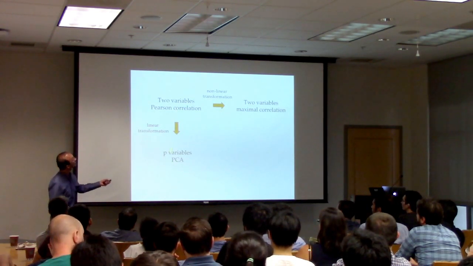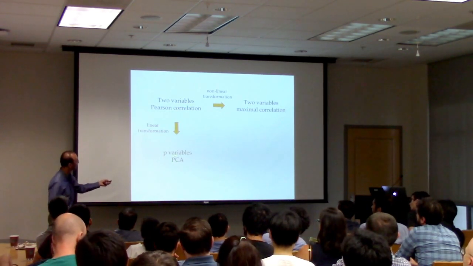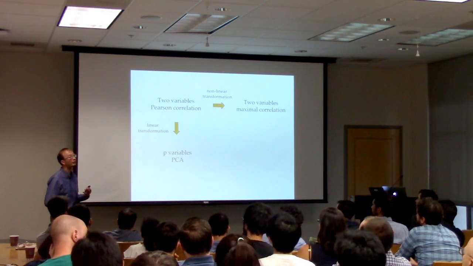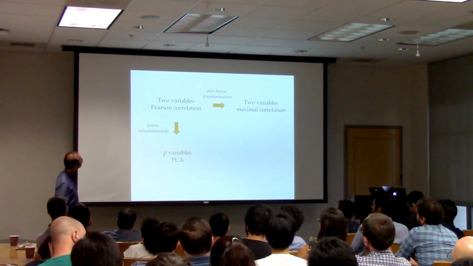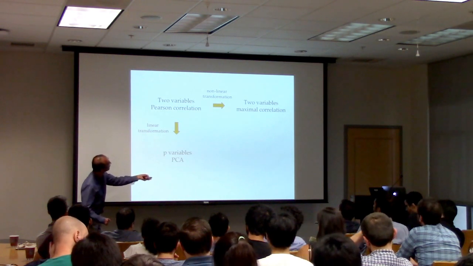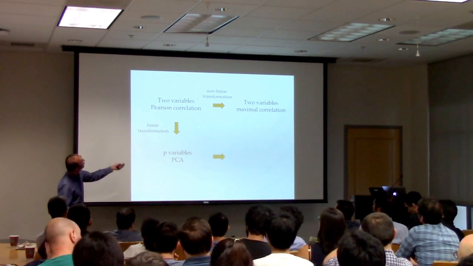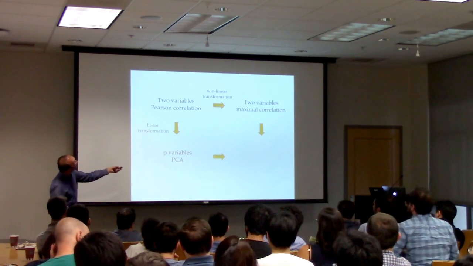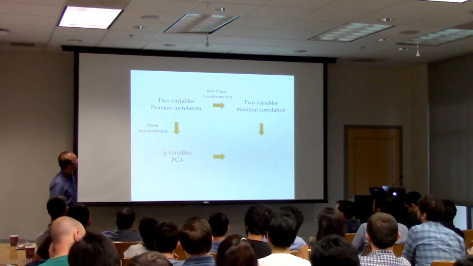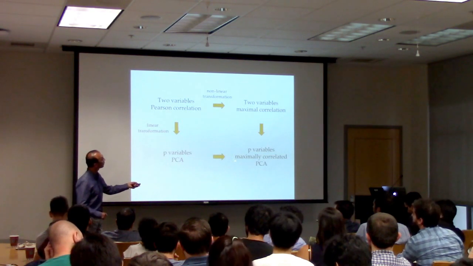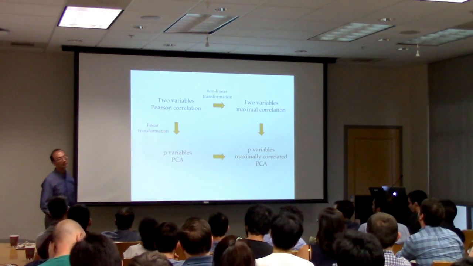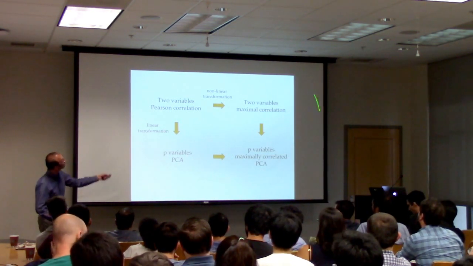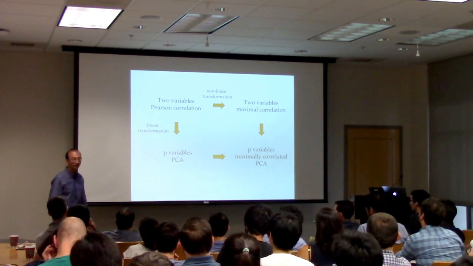So PCA is a natural generalization of Pearson correlation because they all deal with the covariance matrix. Now, if I want to move this way, I would like to allow nonlinear transformation and extend two variables to p variables, and I get p variables maximum correlated PC, which is MCPCA. So this is the natural diagram connecting all these concepts.